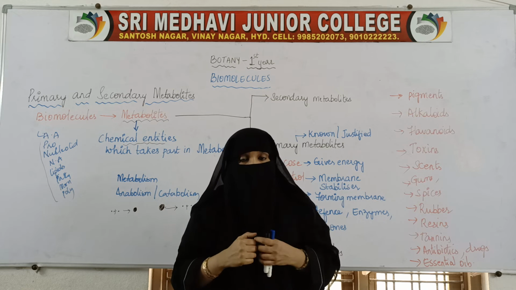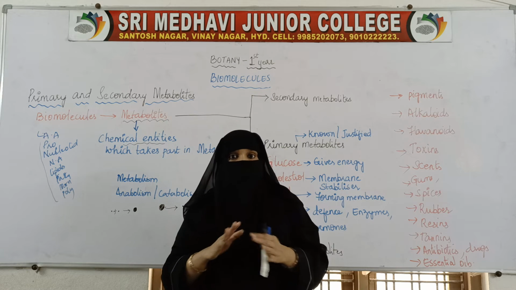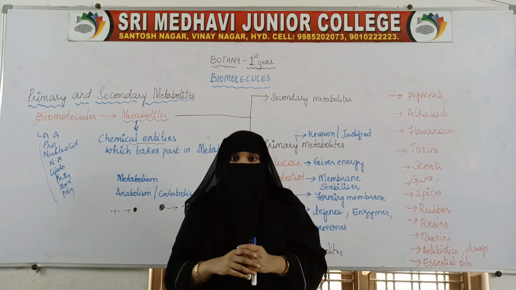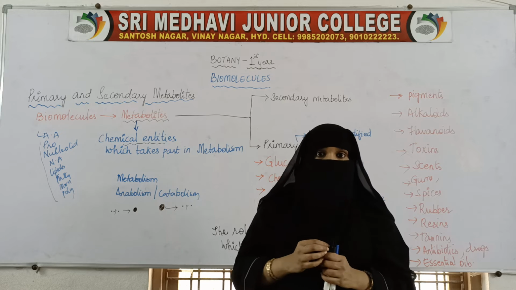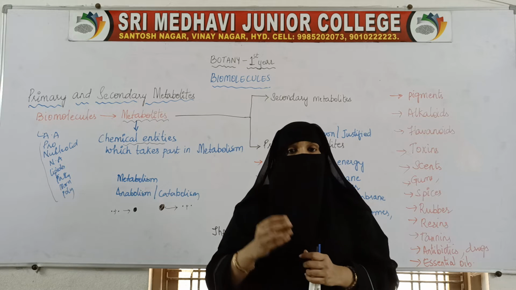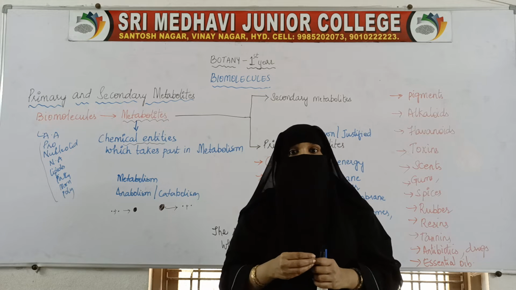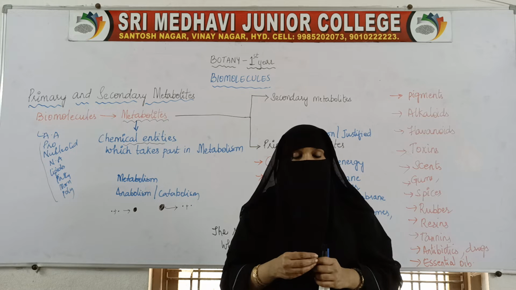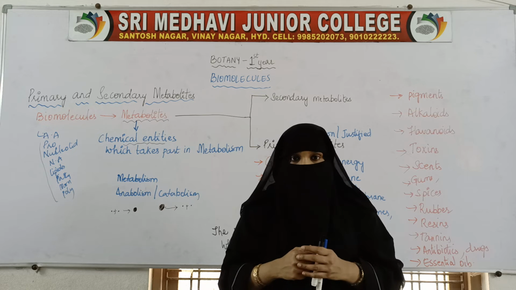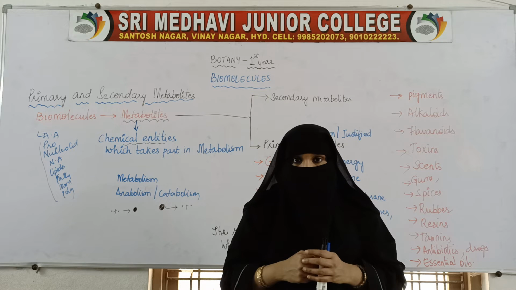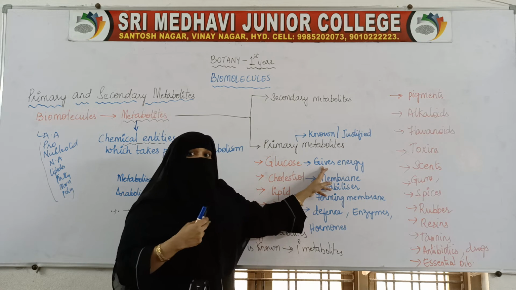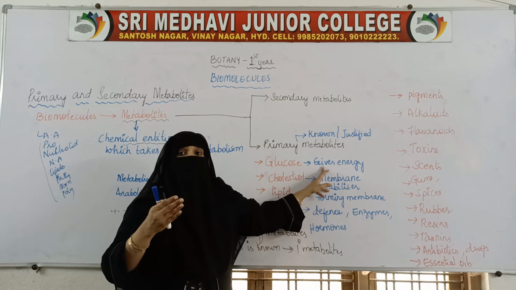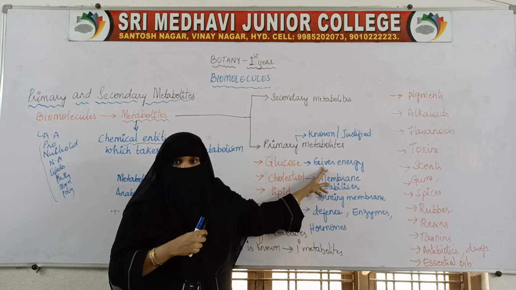When it goes inside our body, it is broken down during digestion and converted into a simpler substance, that is glucose. When that glucose is used by the cells of the body, it gives us energy. So what is the role of glucose? It provides energy to living organisms.